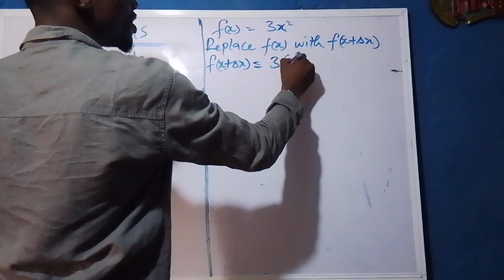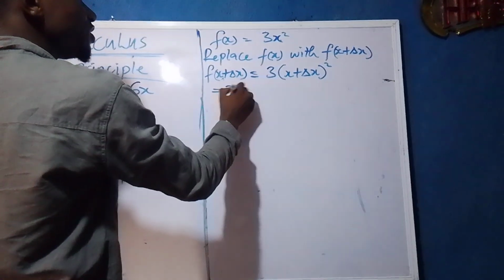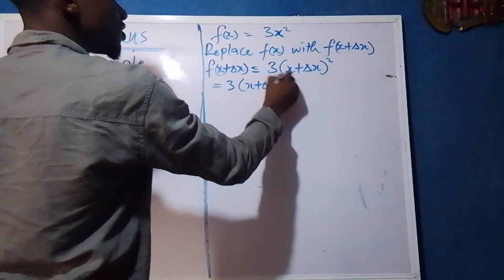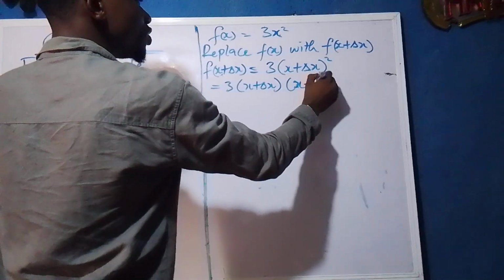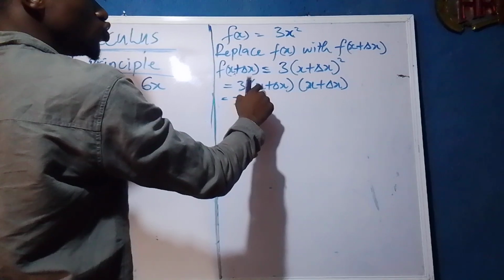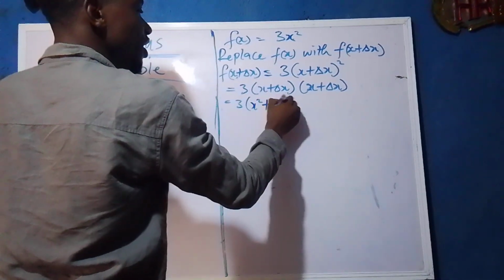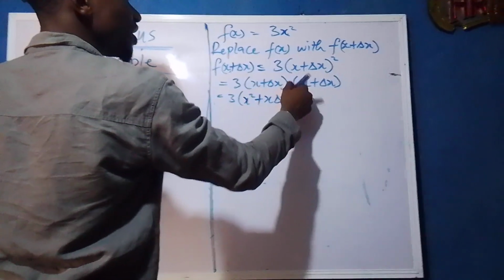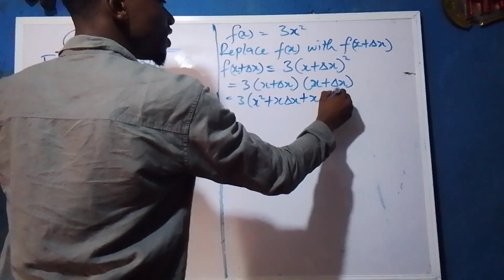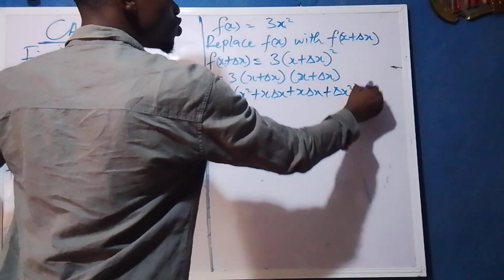So that will be 3 open brackets x plus dx all squared. This statement means 3 times (x plus dx)(x plus dx). If I open up the bracket and multiply all through, x times x gives x squared, x times dx gives x dx, then dx times x gives x dx, then dx times dx gives dx squared.